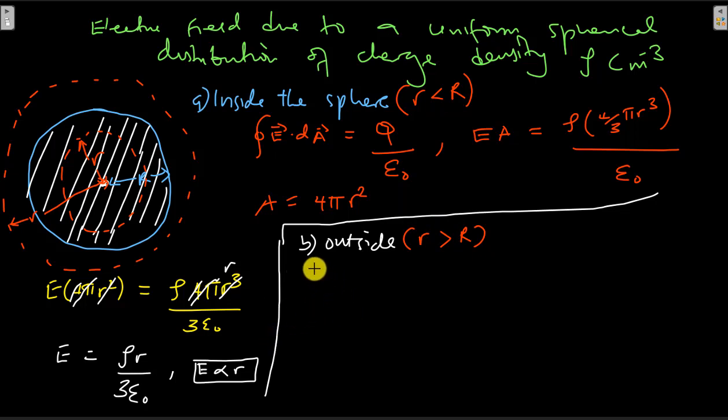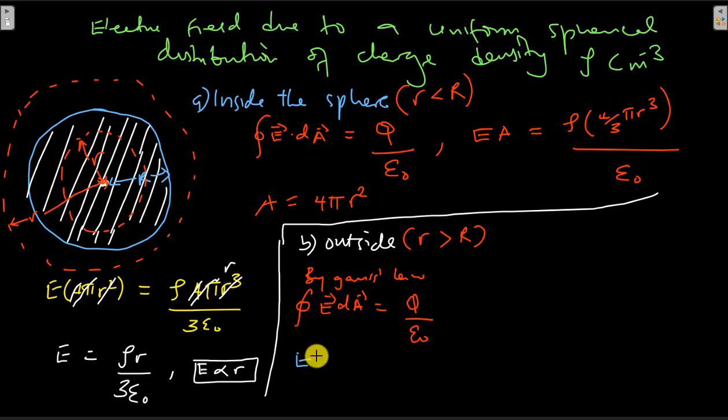So by Gauss's law, the electric flux over a closed surface is given by the charge enclosed by the Gaussian surface divided by epsilon naught.